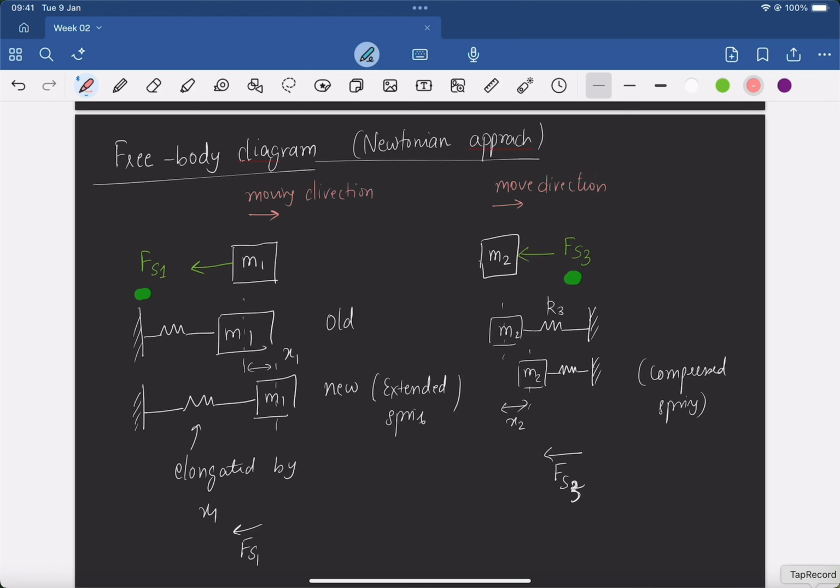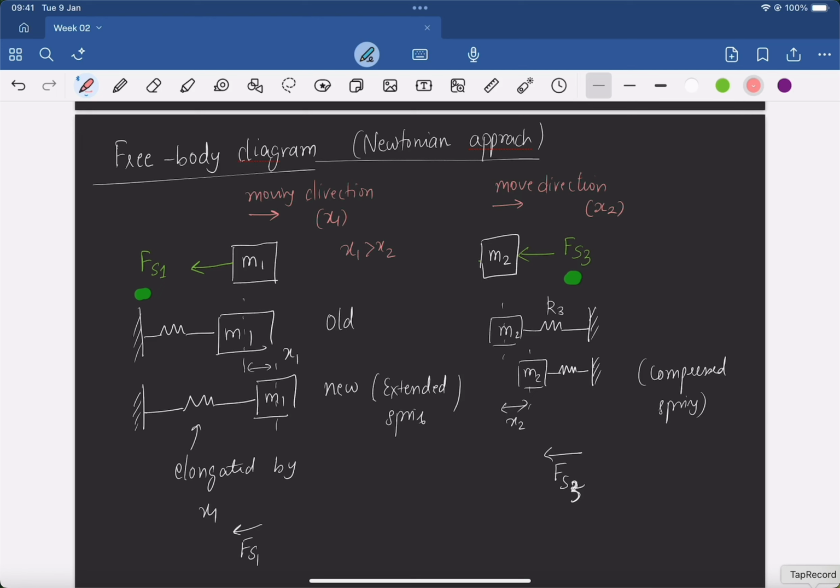So now the mass M1 has moved by x1 and mass M2 has moved by x2. Depending on whether x1 is greater than x2 or x1 is less than x2, right? If x1 is greater than x2, mass M1 has moved more than mass M2 has moved.